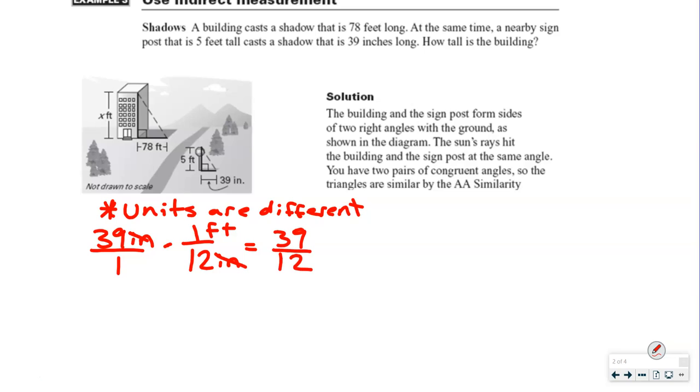So inches cancel out there. We're converting to get into feet. And that, put into decimal form, is 3.25, or 3 1/4 feet. So that gets our inches out of the way.